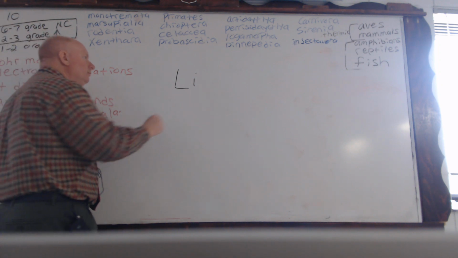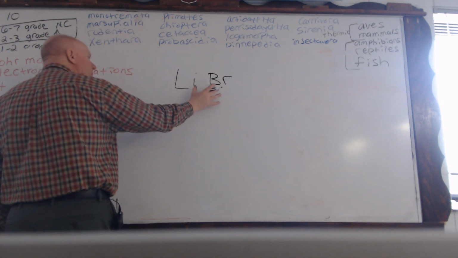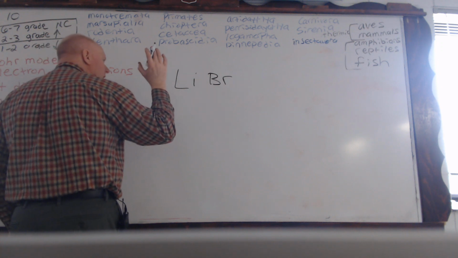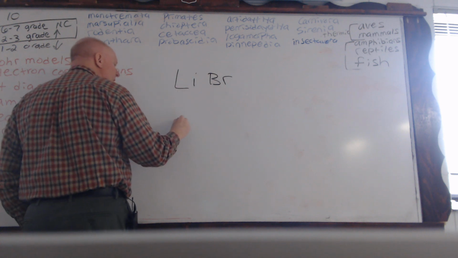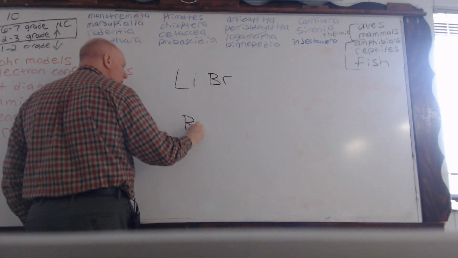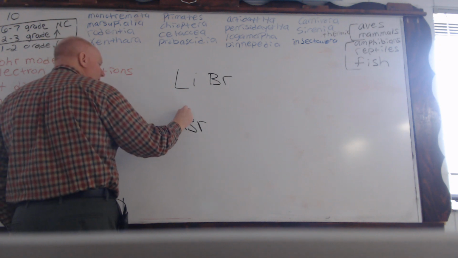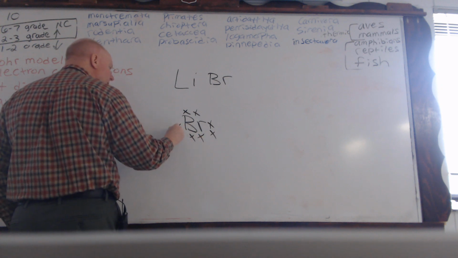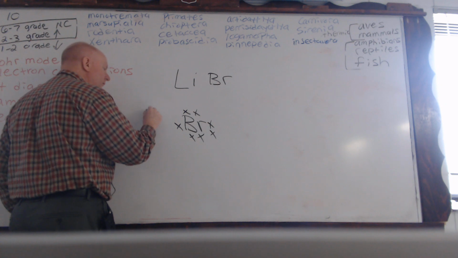Bromine. Oh my gosh. Okay, so for lithium bromide, if we're going to do the dot diagram for this, okay, how many valence electrons does bromine have? Okay, and the reason it has 7 is why? It's in the 7th column. Okay, lithium is in what column?